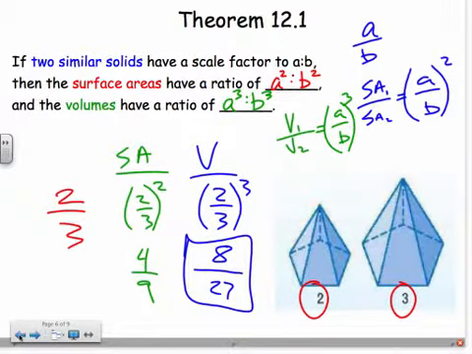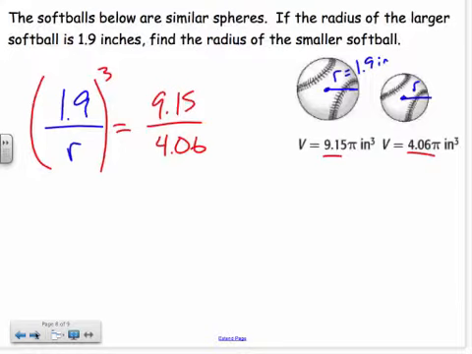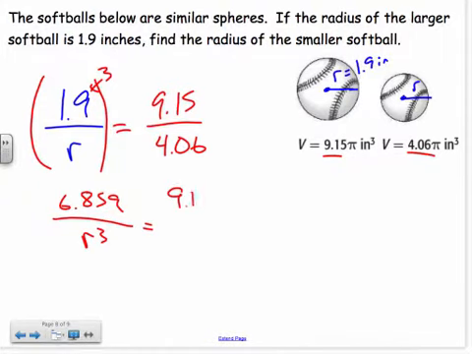Right back here. It's the scale factor cubed. So let's distribute that cubic power there. So 1.9 cubed gives me, distribute it there, 6.859 over R cubed equals 9.15 over 4.06.